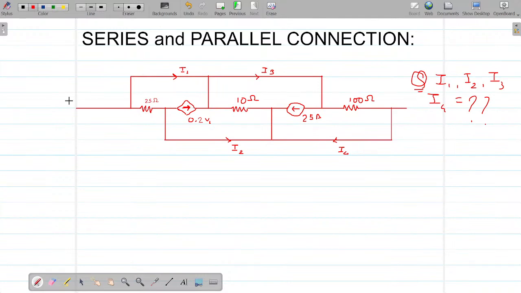Two elements are said to be in series if the current through the two elements is the same. Look at this figure and tell me, are there any two elements in this network which are in series?